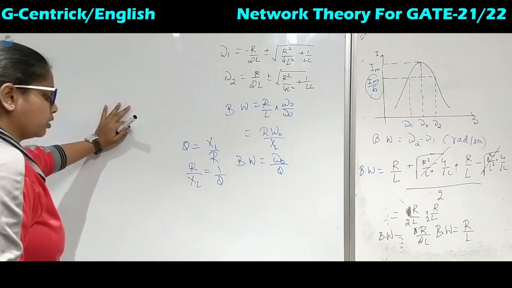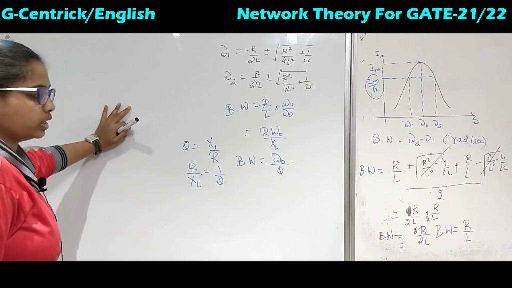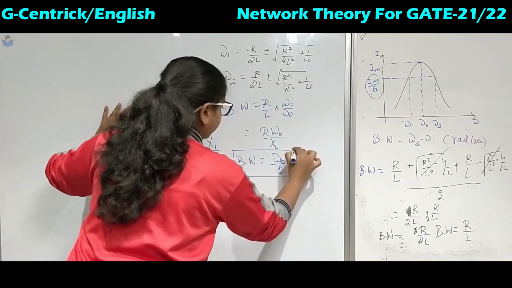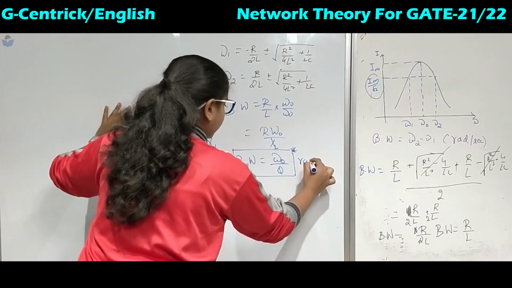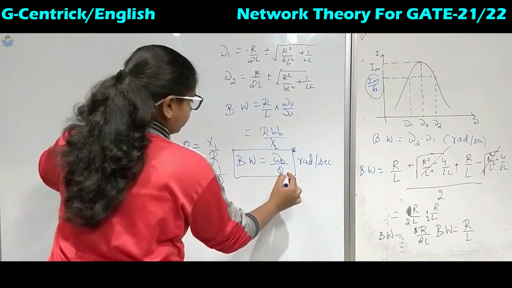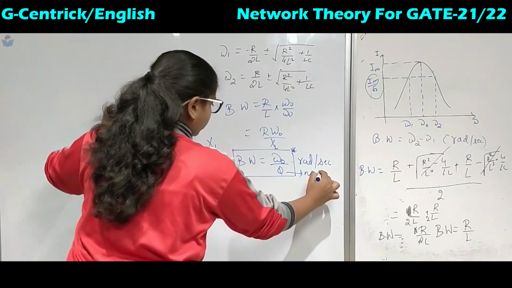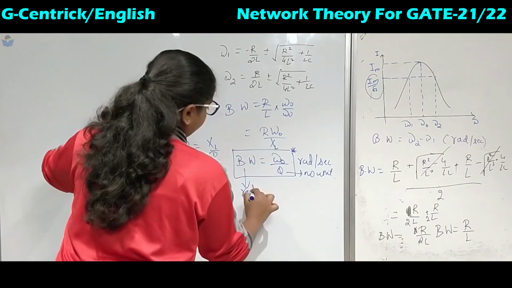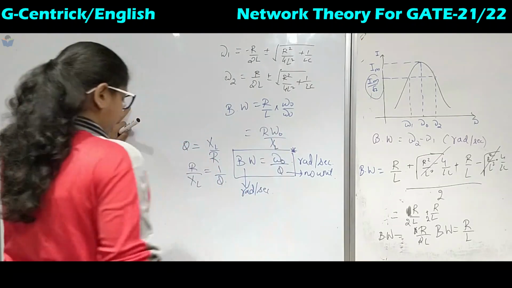Now what will be its unit? This is important: it is radian per second. Because Q has no units, the bandwidth unit will also be radian per second.